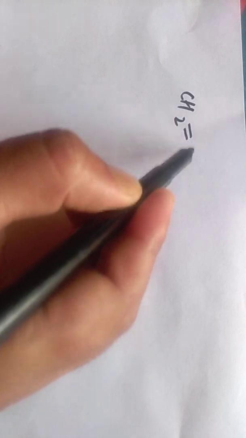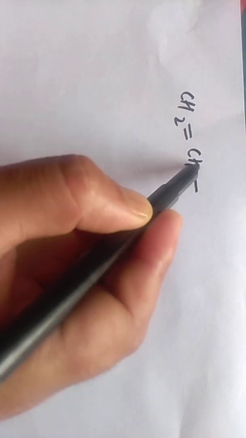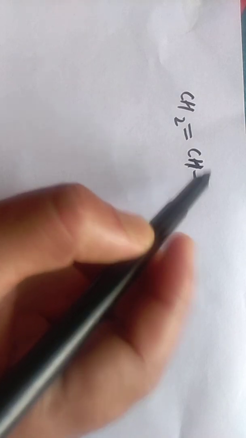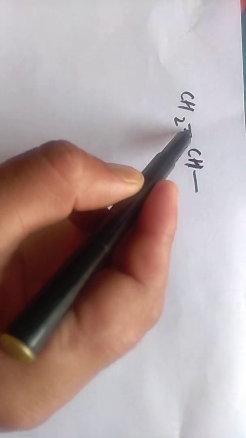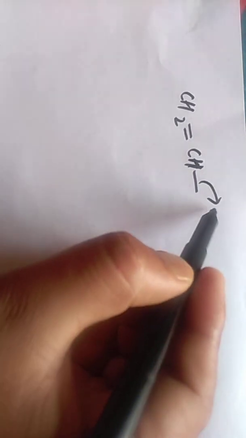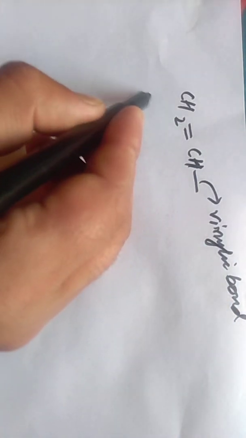If you don't know what are allylic bonds and vinylic bonds, I will tell you. This sigma bond adjacent to this pi bond is called a vinylic bond.